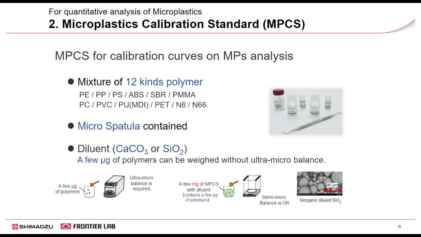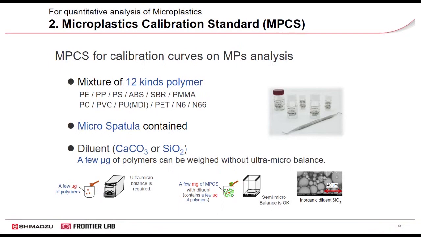However, we also developed a sampling method for those with only a semi-microbalance in the lab to measure microgram order samples. You add SiO2 or CaCO3 diluent into your environmental sample. For example, you add CaCO3 diluent 100 times larger than the environmental sample and then dilute the environmental sample.